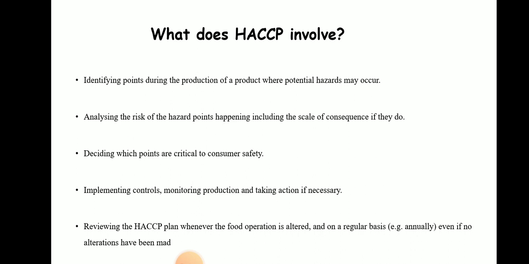Then it decides which points are critical to consumer safety. Also, it implements controls, monitors production, and takes action if necessary. HACCP also involves reviewing the HACCP plan whenever the food operation is altered, and it can be on a regular basis, for example annually. Even if no alterations are made, there still has to be a review.